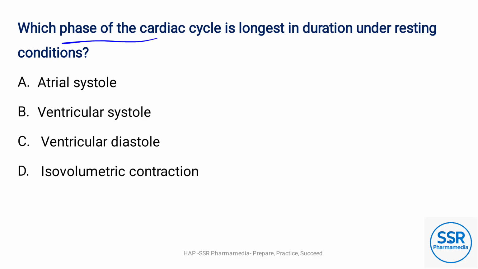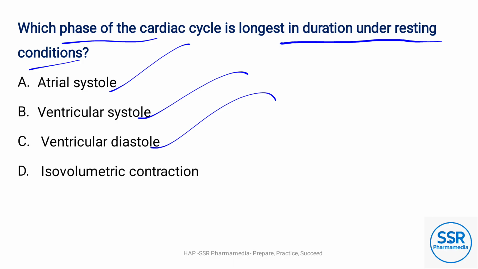Which phase of the cardiac cycle is longest in duration under resting conditions? Option A, atrial systole; option B, ventricular systole; option C, ventricular diastole; option D, isovolumetric contraction.